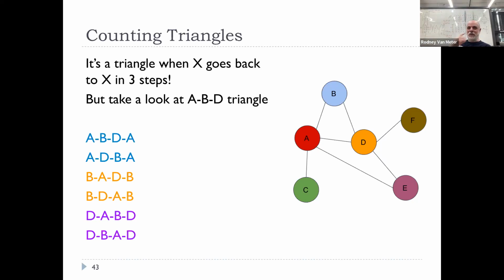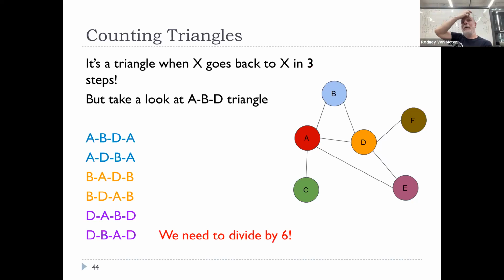Or as written in orange there, you can start at B. These colors should have matched the colors in the nodes, but they don't. Or you can start at B and go BADB, BDAB, or you can start at D and do it. So there are actually 6 different ways in which you can go around a triangle on this.